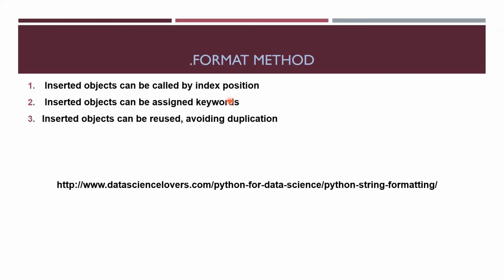After the completion of the sentence you apply dot format, then flower brackets, and inside write p equal to 'good' in inverted commas. So p will be represented with the string good, and the output will be I am a good boy. Like this you can insert objects like keywords in the dot format method. That's the major advantage you can use here.